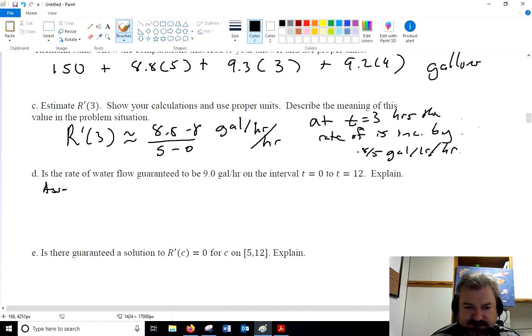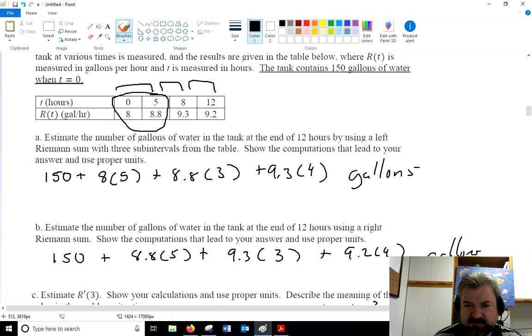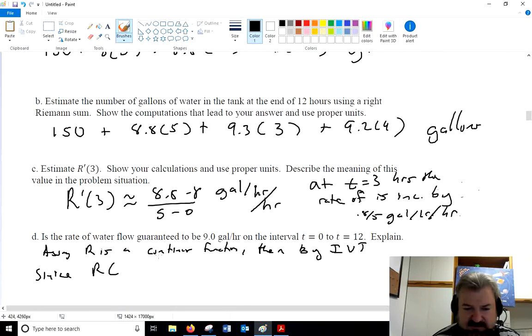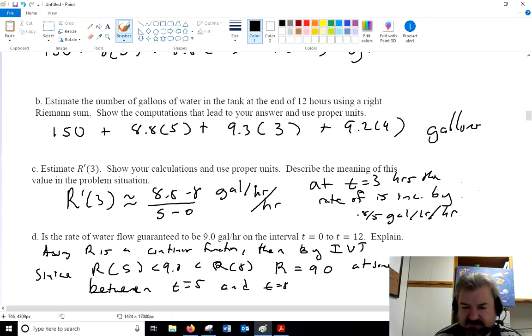I'll say, assuming R is a continuous function, then by the intermediate value theorem, since R of 5 is less than 9, which is less than R of 8, R is equal to 9 at some time between t equals 5 and t equals 8.